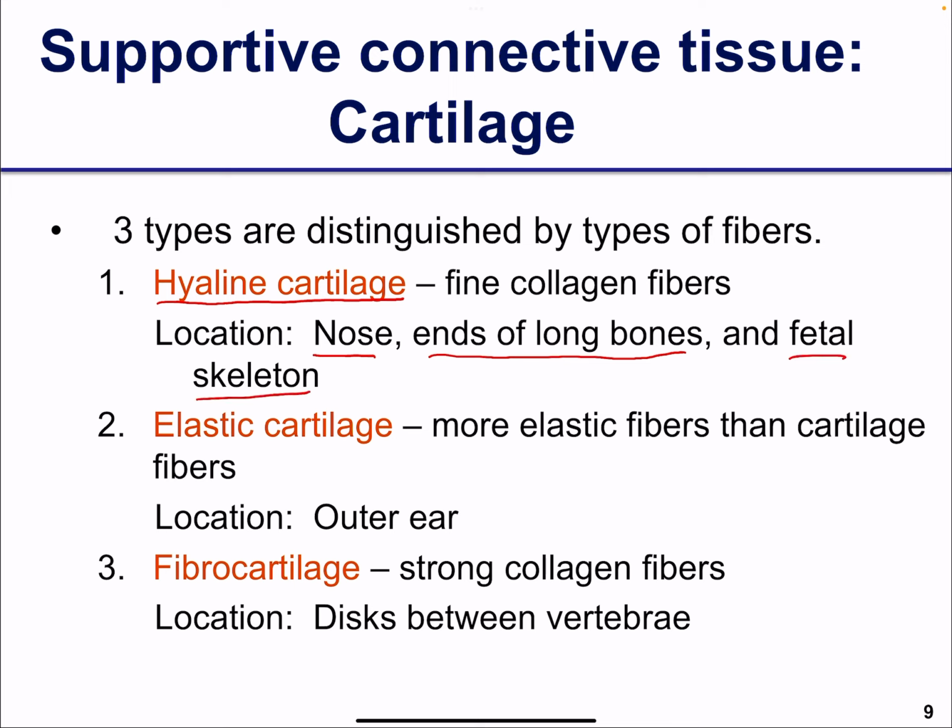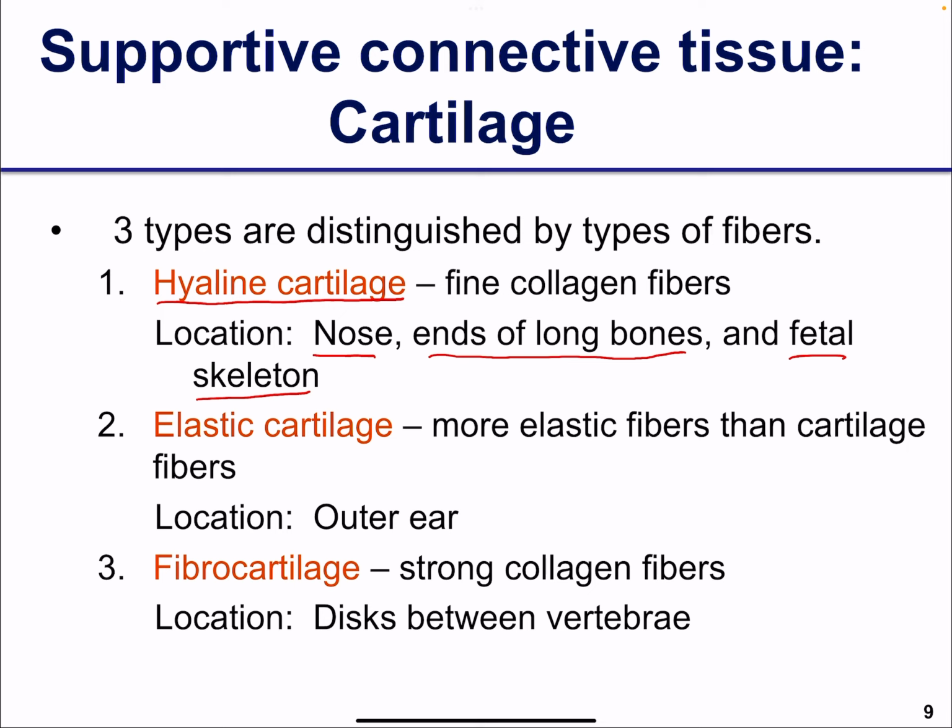And you know that the fetal skeleton is going to be progressively replaced by bones as a fetus gets close to being born, and from the time of birth, the process of replacing hyaline cartilage by bones is going to be accelerated. Let me close that parenthesis.